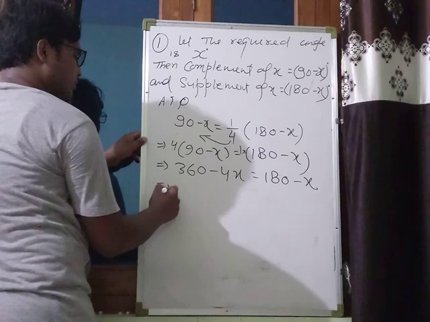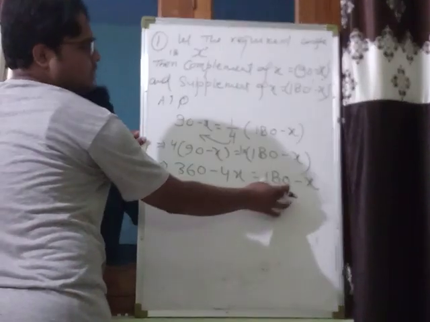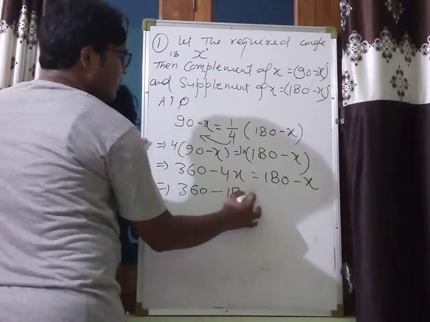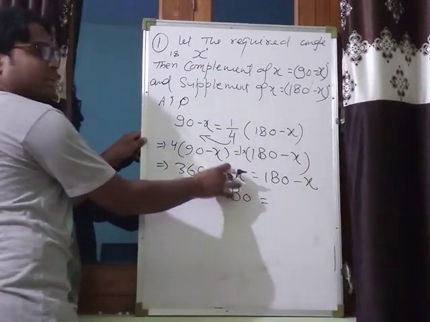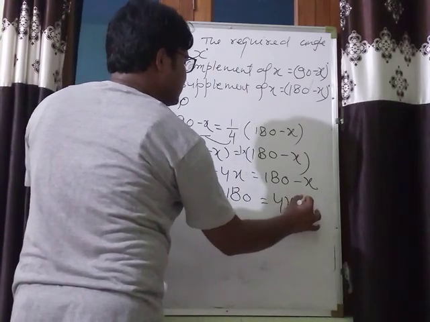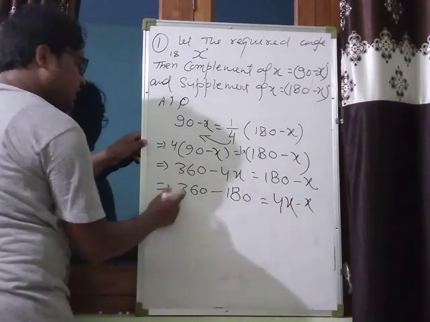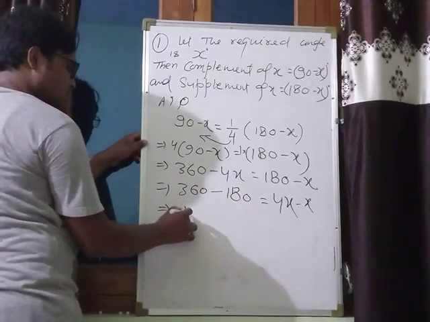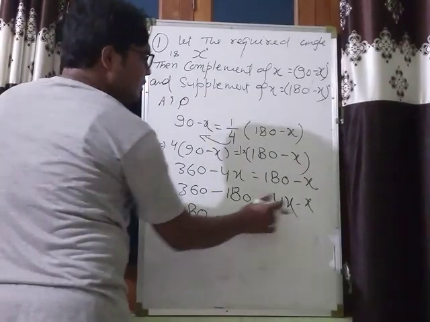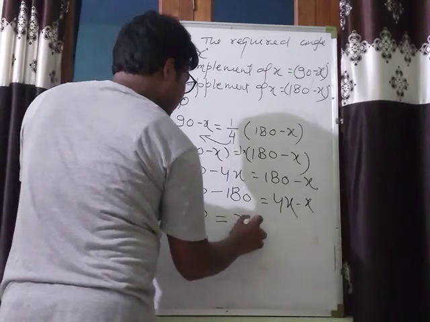So from here, transfer this 180 to the left side, that will be minus 180, and transfer this minus 4x to the right side, it will be plus 4x, and that is minus x. So we have 360 minus 180, that is 180, is equal to 4x minus x, that is 3x.